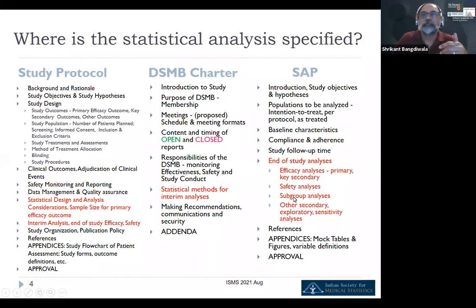It talks about subgroup analysis and other secondary and exploratory sensitivity analysis. So this is where we have the analysis specified. These are the sections in these 3 documents that statisticians are primarily involved in writing and deciding. So this is where the excitement happens, right, in specifying this.